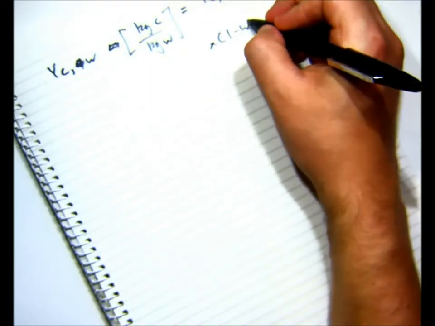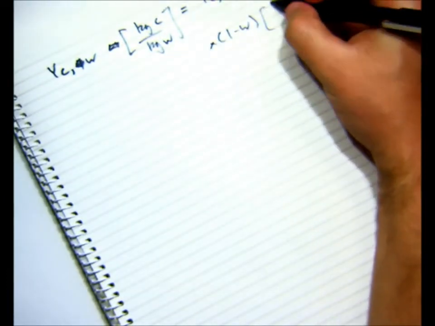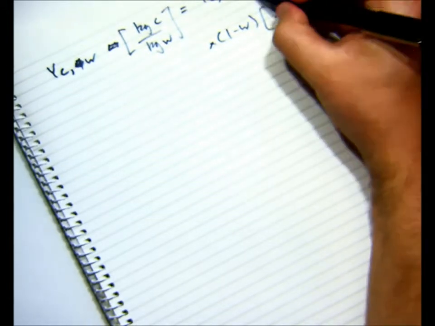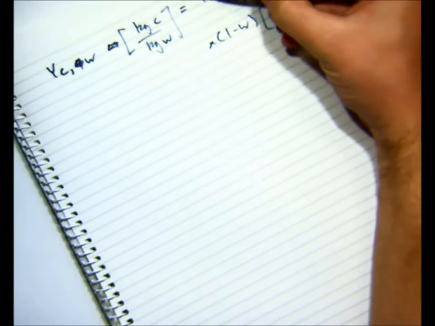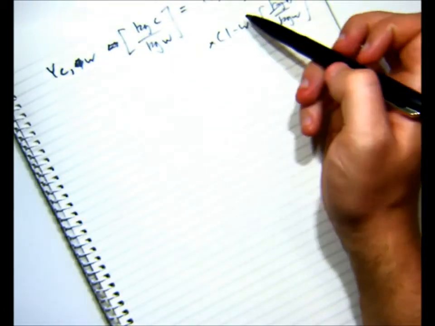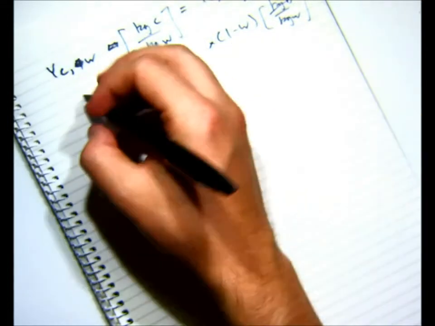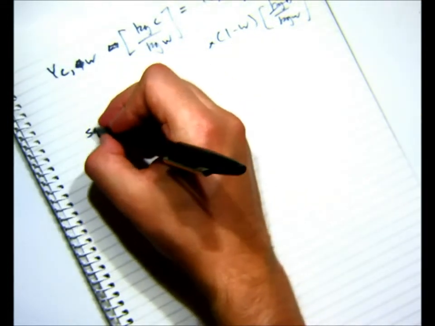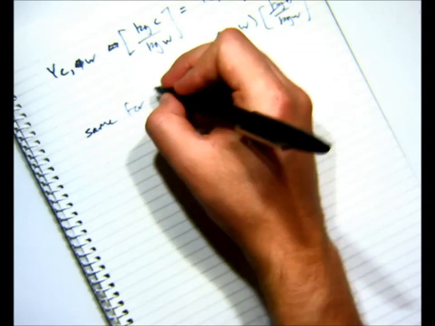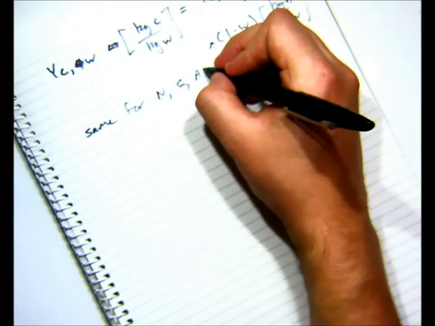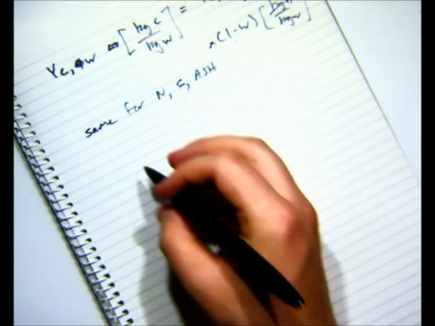Recall from earlier in this problem, when we're converting from a dry to a wet basis, we have this term 1 minus W, which has the units of kilogram dry per kilogram wet. So you can see these will cancel out, and we'll now have a dimensionally consistent equation, and this is simply the result we're looking for. Same for N, S, and ash.